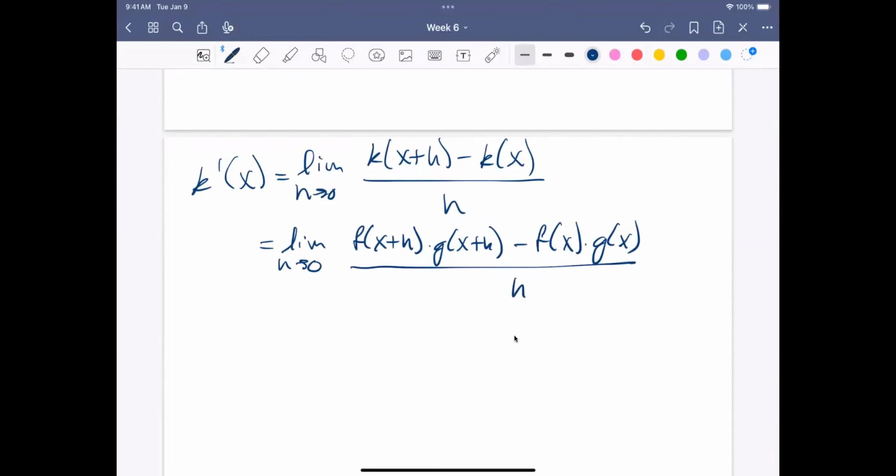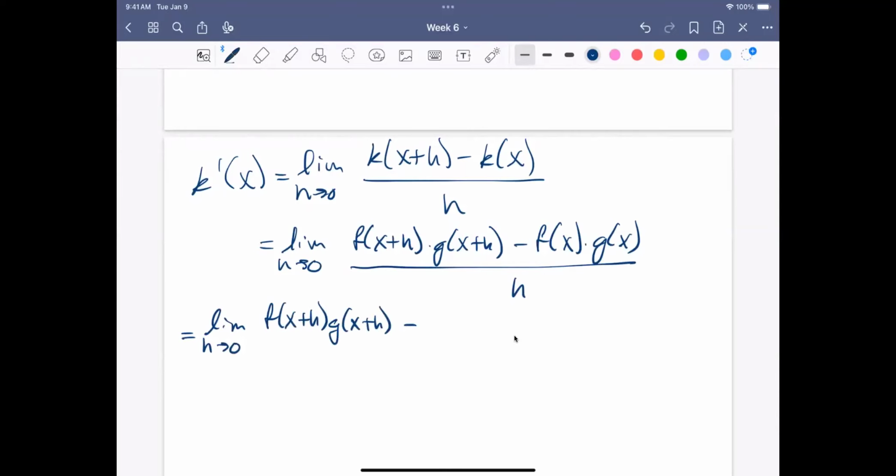Okay. So we need to figure out a way to pull the derivative definitions of f and g out of here. And this is one of my favorite tricks in mathematics: we're going to add a funny 0 to make this work out. First I'm going to recopy my f of x plus h times g of x plus h.